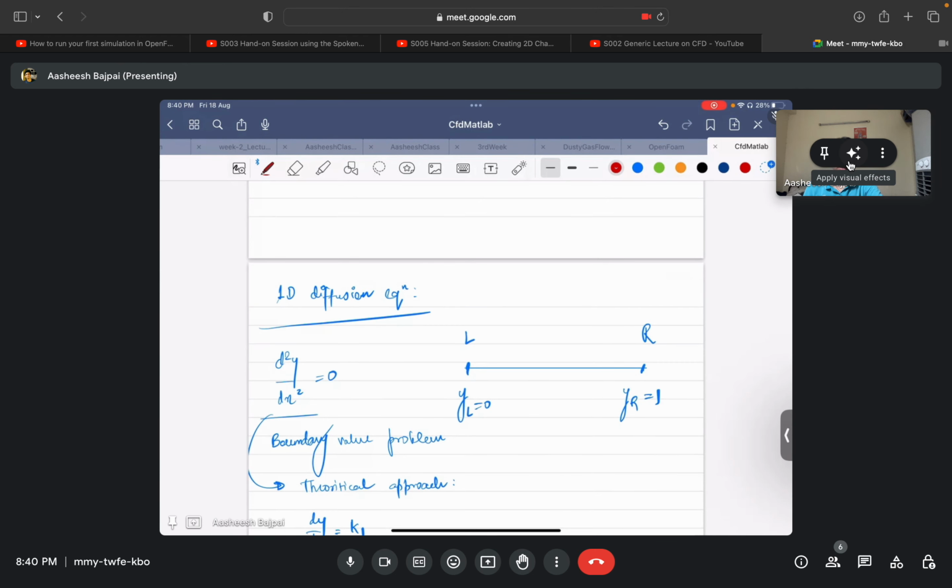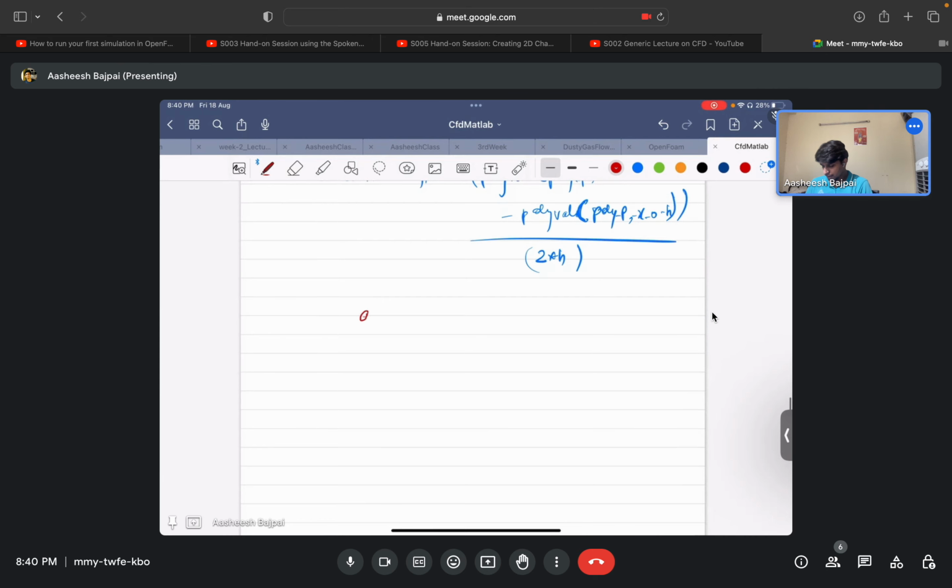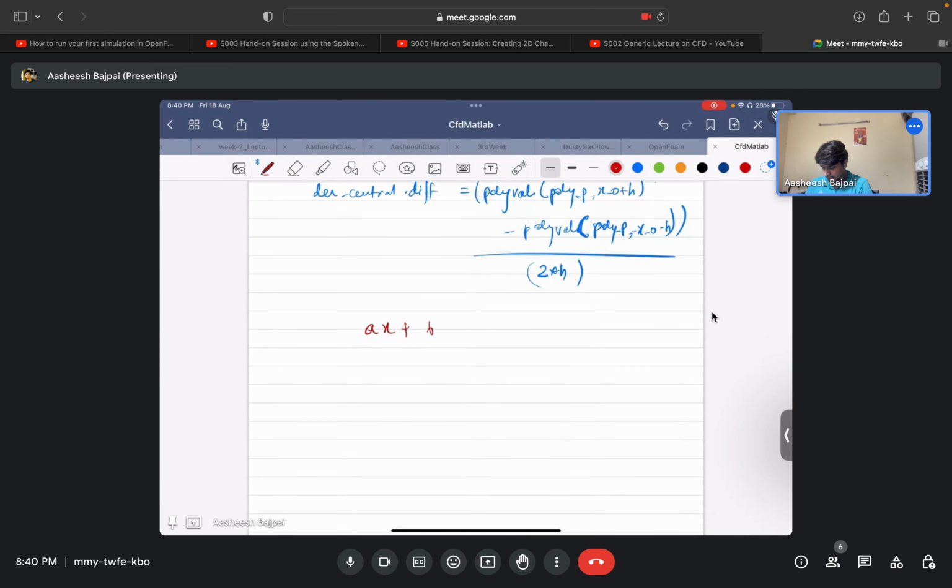At least what you can do is, today I told you about creating the system of equations. So at least you can create that system of equations. Suppose a x plus b plus c x square plus b equal to 0, here we have this equation. Another equation is similar: d x square plus e x plus f is equal to 0.